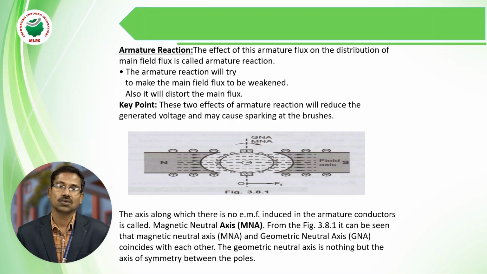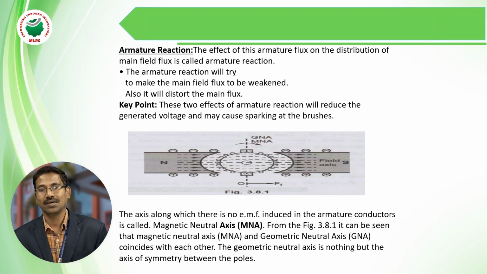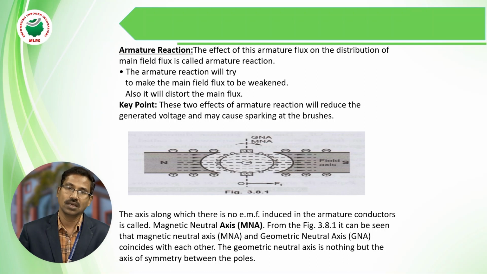Due to the demagnetizing effect, there will be a reduction in the main field flux, and due to that the terminal voltage decreases. So the main reduction in the generated EMF or terminal EMF is mainly because of the demagnetizing effect. The second one is called the cross magnetizing effect.